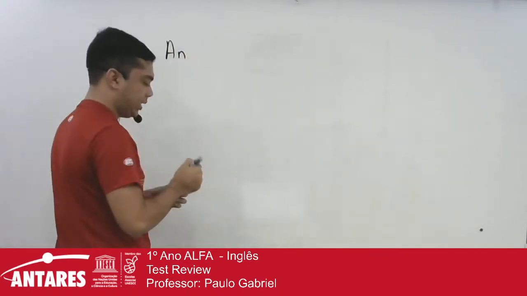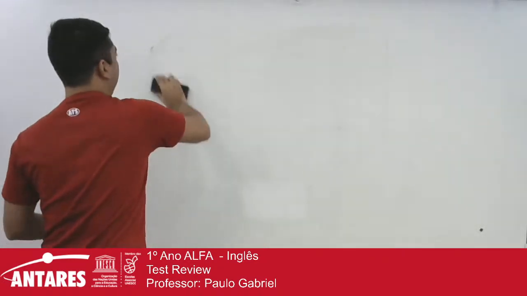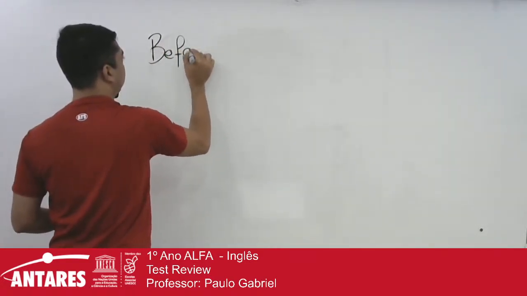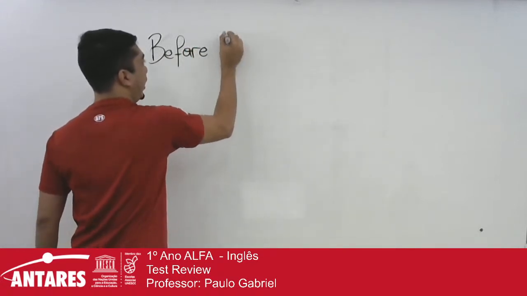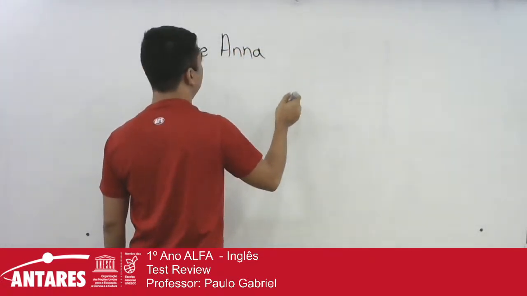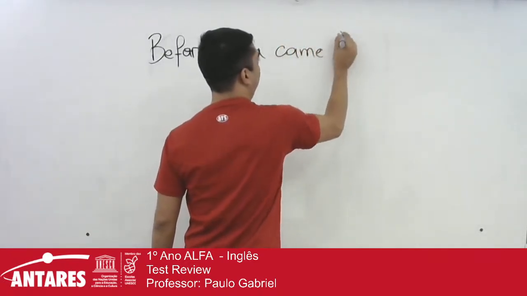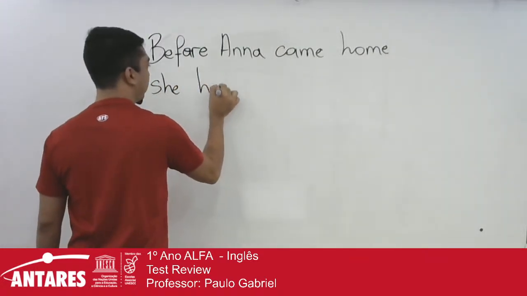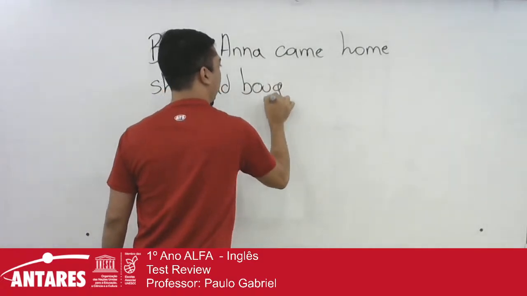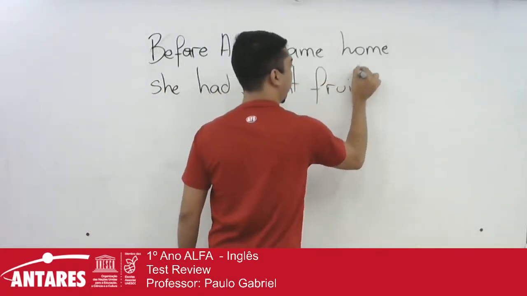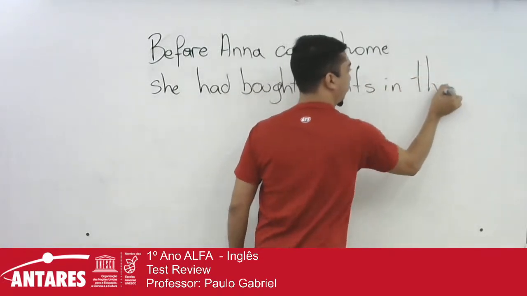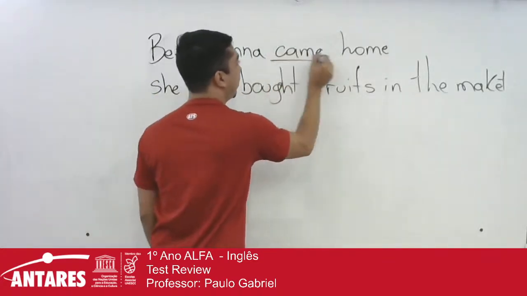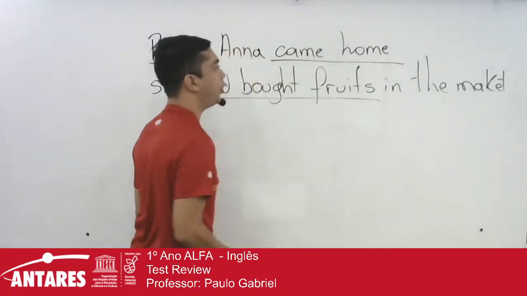Before Anna came home, she had bought fruits in the market. The two actions here are came home and had bought fruits.